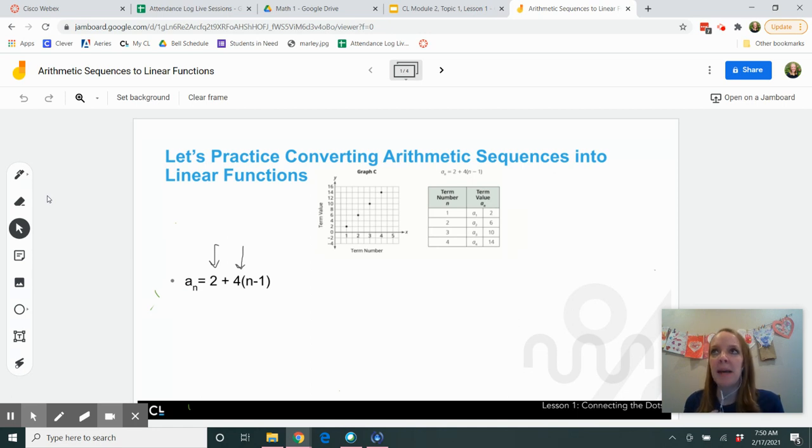So what do I mean by that? I just said that an arithmetic sequence and a linear function are the same thing, right? So why do I have to rewrite it? Think of it as a makeover. A makeover, you're still the same person. You still are you, but you're just in a different form.